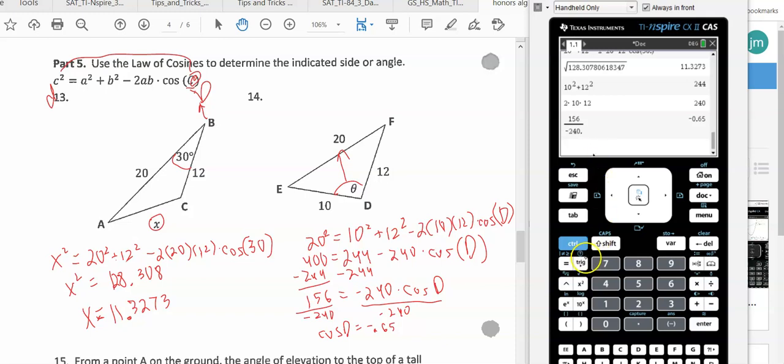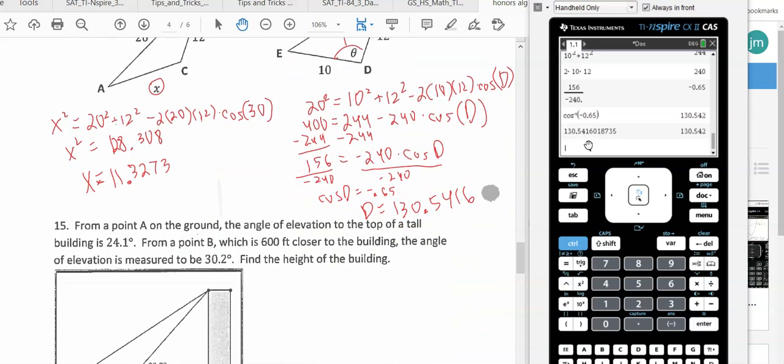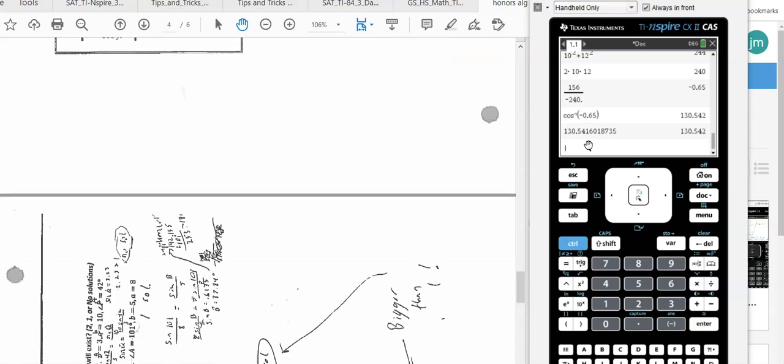Then we take the inverse cosine of both sides, of negative 0.65, and you get D equals 130.5416. And you've got it. Okay, we're almost there.